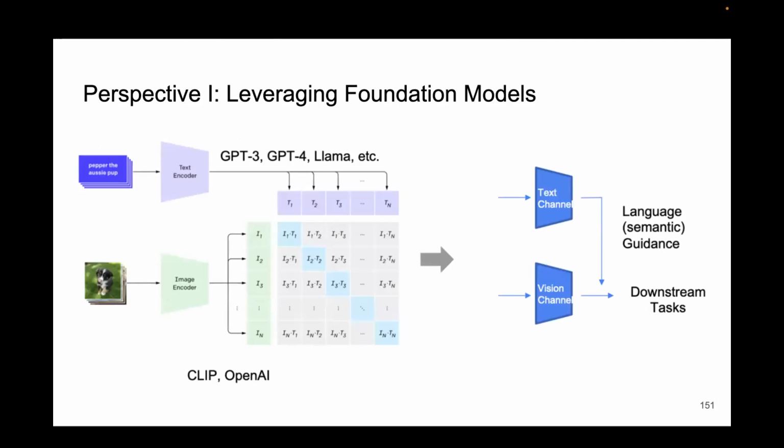The first perspective is that we gradually observe that there is one chain of leveraging the foundation models. The foundation model is a very hot topic recently, such as the very well-known GPT-3, ChatGPT, GPT-4, which achieve cutting-edge performance in multiple different tasks, as well as the open source Llama, which is so far the biggest open source large language model in the literature from Meta.